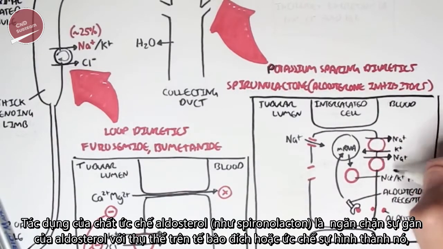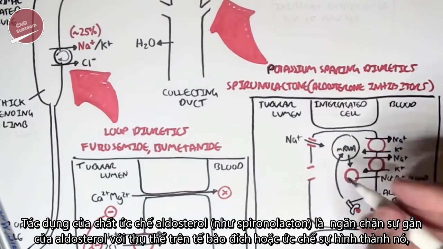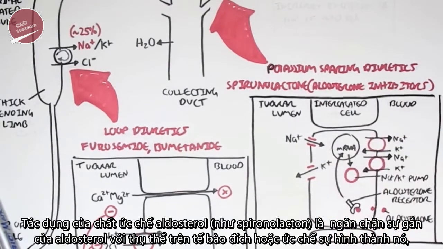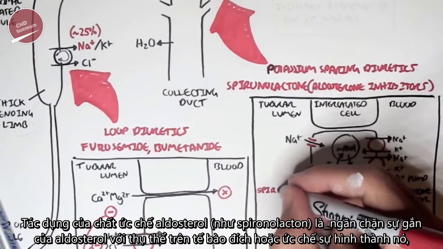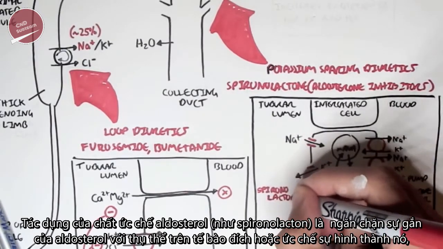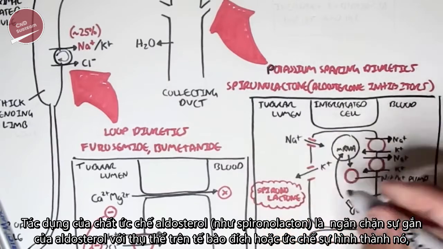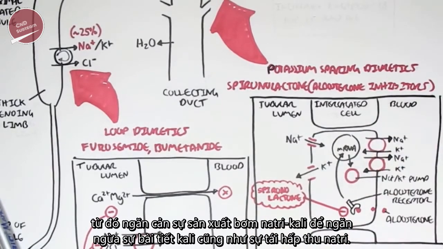What aldosterone inhibitors do, such as spironolactone, is that they inhibit this binding of aldosterone with the aldosterone receptor, or inhibit just the formation, and thus inhibit the production of the sodium-potassium pump, thus preventing the excretion of potassium, as well as the reabsorption of sodium.